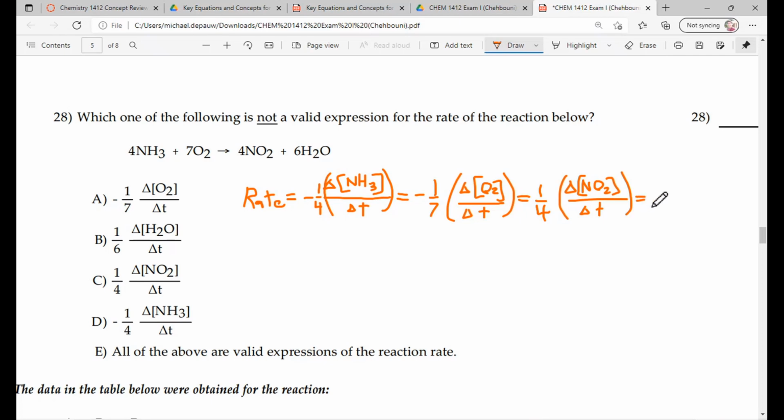And positive 1/6 change in the concentration of H2O. In this case, yes, they are.